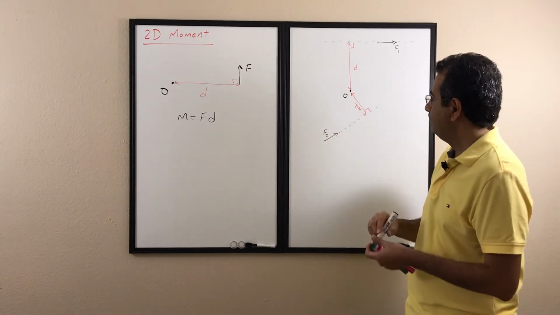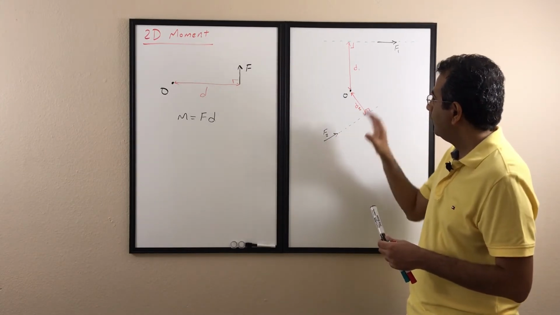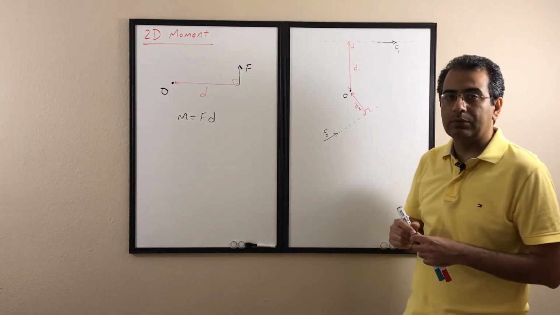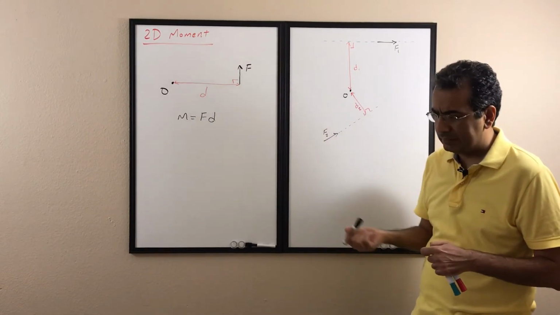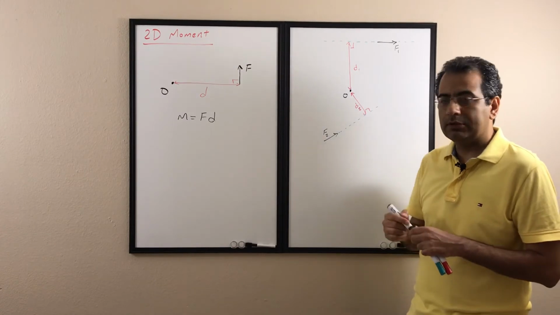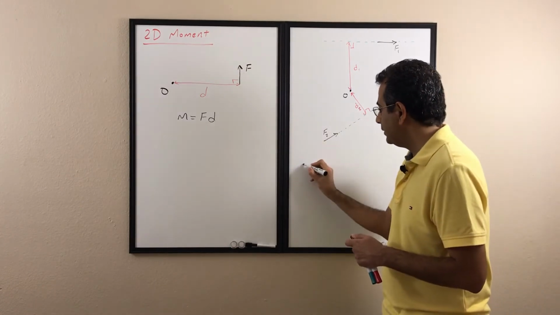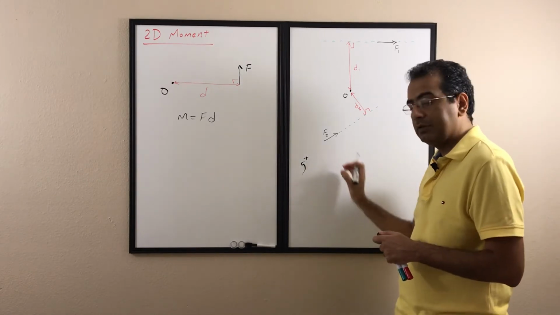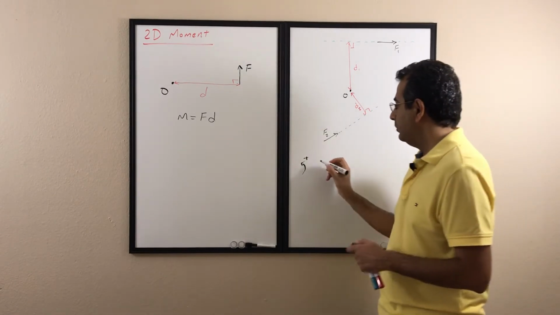So assume here I want to find the resultant moment for F1 and F2 about point O. The very first thing I'm going to do is assume counterclockwise rotation is positive. So it's going to be this direction of rotation, which is counterclockwise positive.